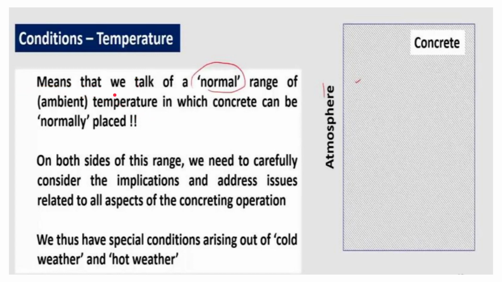In the case of conventional concrete, the normal range of ambient temperature is the criterion where the concrete can be placed normally. On both sides of this range, we need to carefully consider the implications and address issues related to all aspects of the concreting operation, because the behavior of the concrete beyond this range will be a little different.